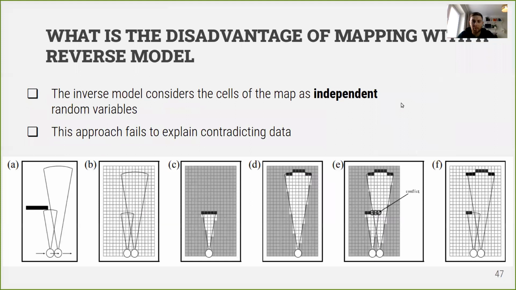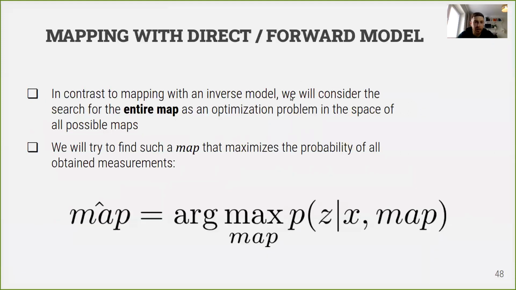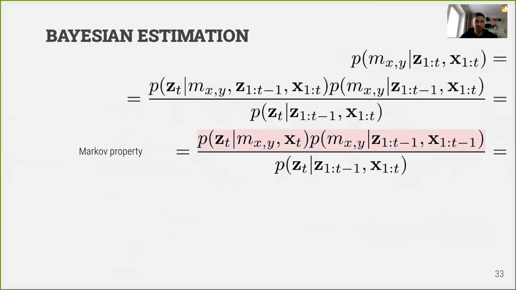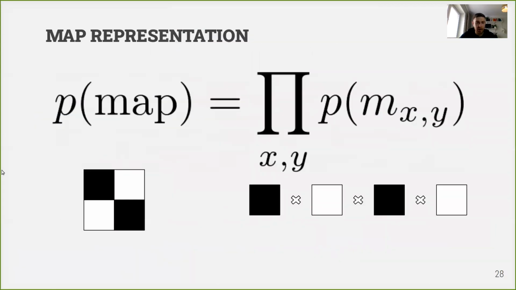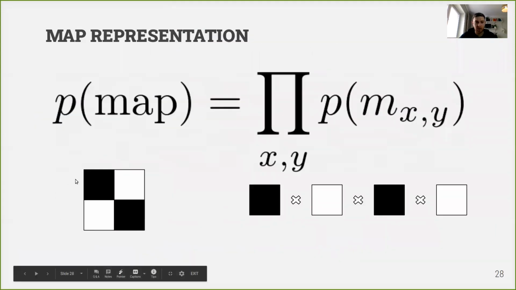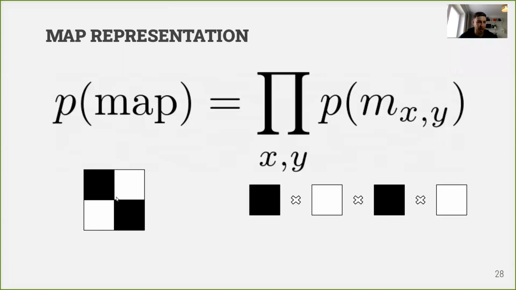In the forward mapping, we use another idea. We are searching for the entire map, and we consider mapping as an optimization problem in the space of all possible maps. Let's see an example. Imagine we're estimating the map, which is 2 by 2, really a small environment, really simple map.